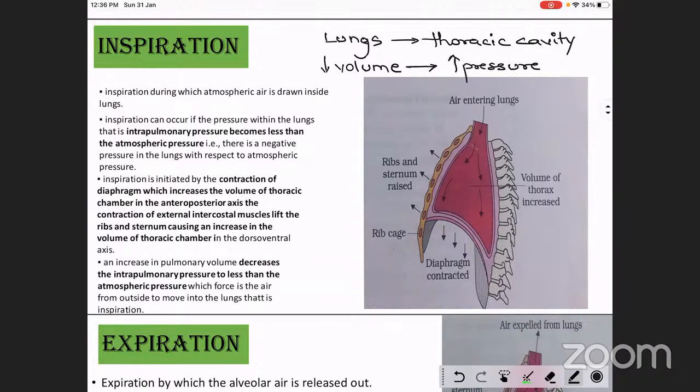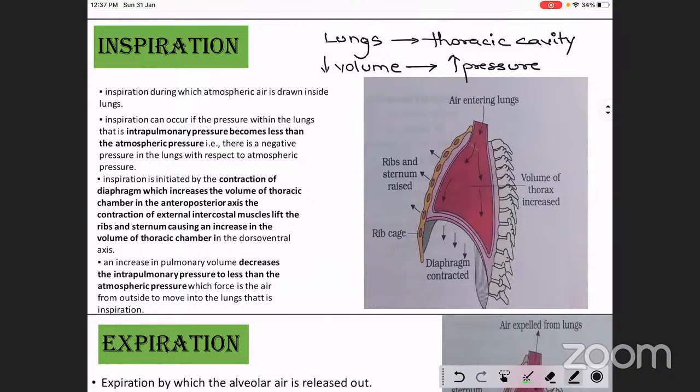If the pressure is increasing, the water inside the balloon will try to release that pressure and escape. So the water will try to come out of the balloon. When the pressure is very high, the balloon will burst and the water will come out. Anything on which the pressure is increasing always tries to release the pressure. The same thing will happen here also: if the volume decreases, then the pressure will increase.